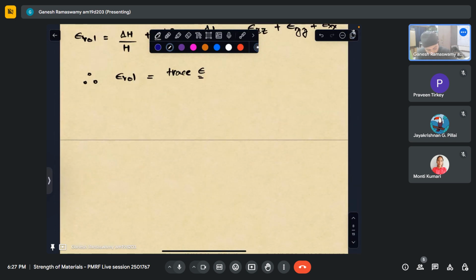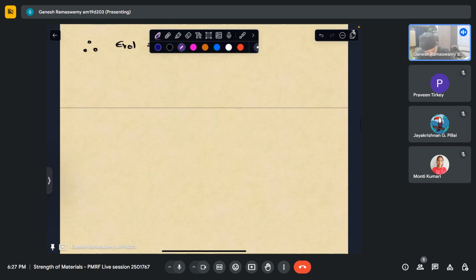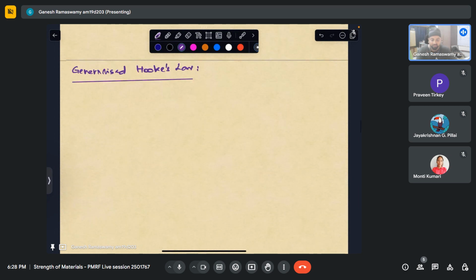Now, for the case of the generalized Hooke's law, the generalized Hooke's law is written as the strain tensor. I'm writing it in a slightly different form than what is given in the lecture, and then I will open it out and show that these are the same.